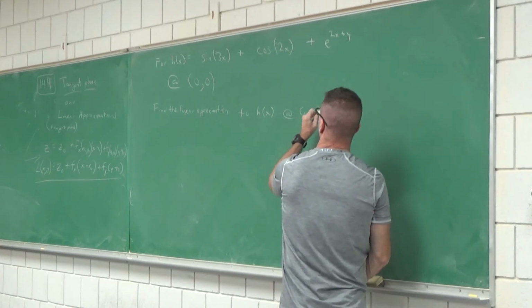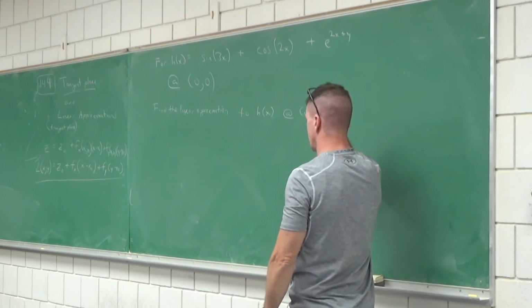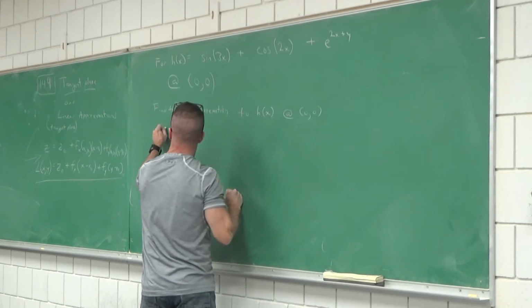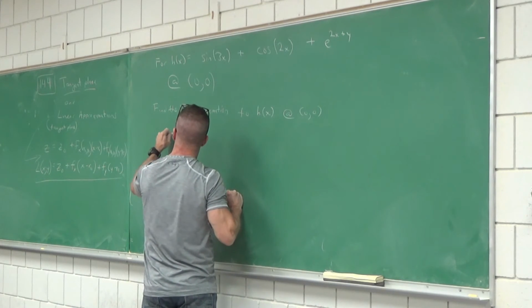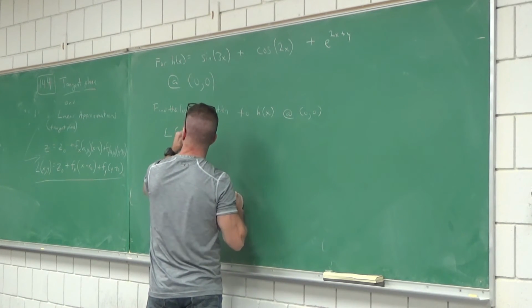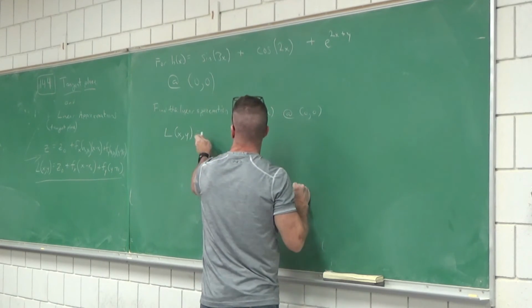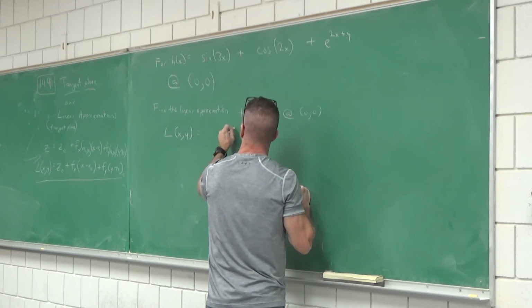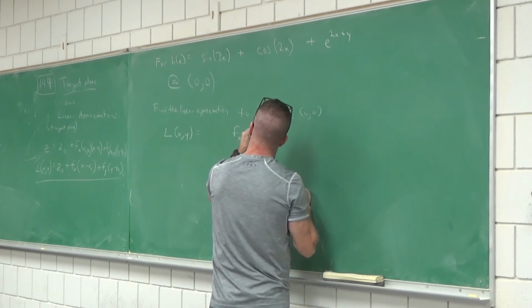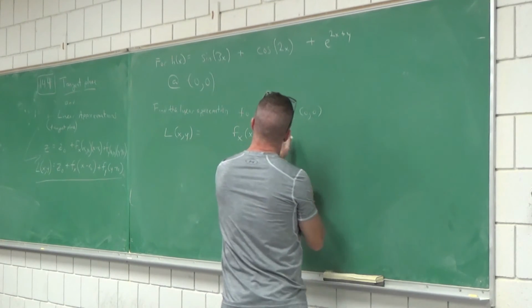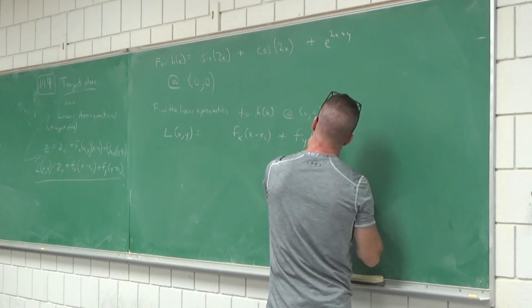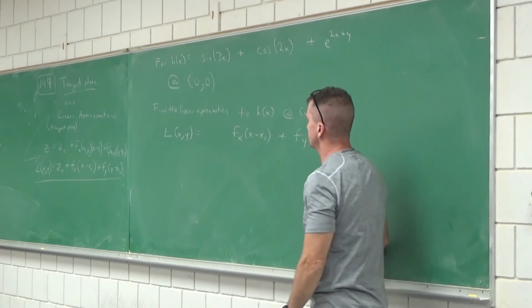0, 0. All right, so I'll write this out. L of x comma y, aka z, equals, I have to put something there. And I'll pretty this up, I just want to start there. What did I forget?